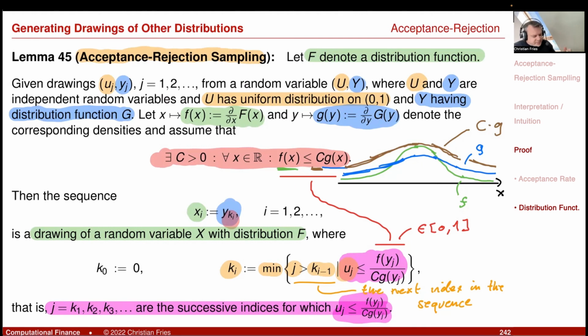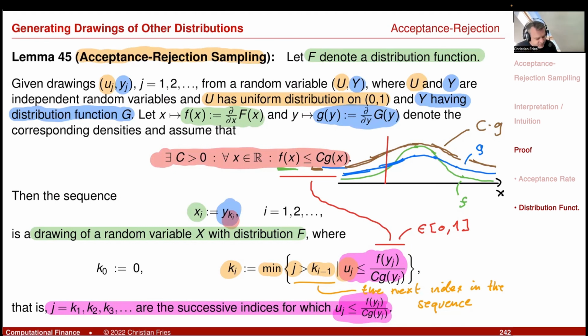You can also look at this picture and ask yourself what we are doing. We are sampling an X somewhere, and then drawing this line and checking for the uniform: is the uniform above or below this interval?